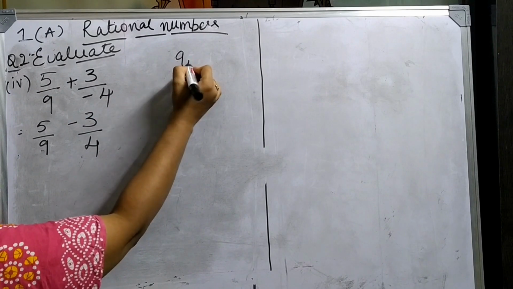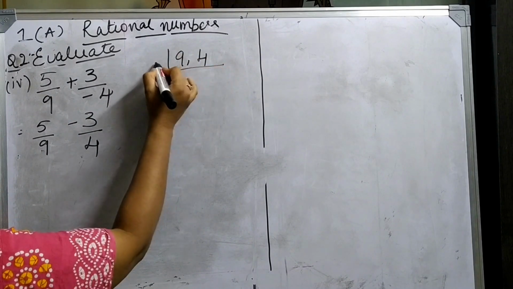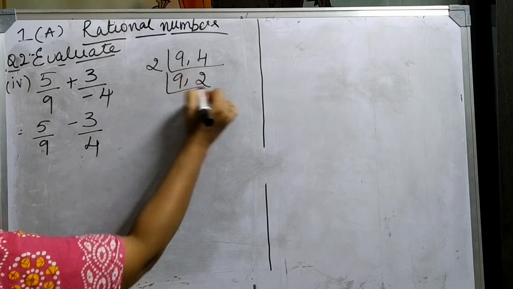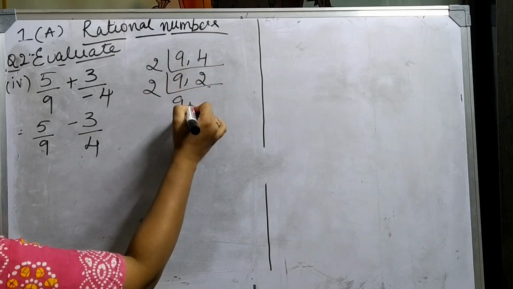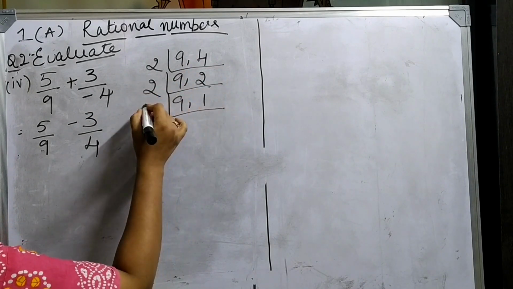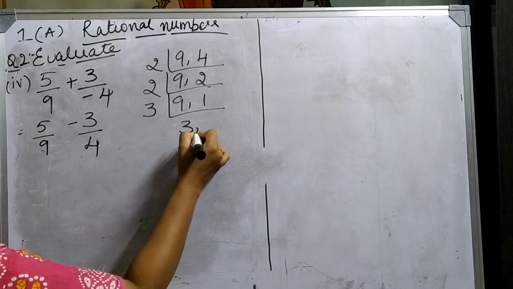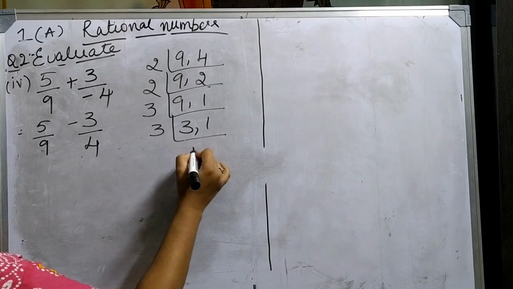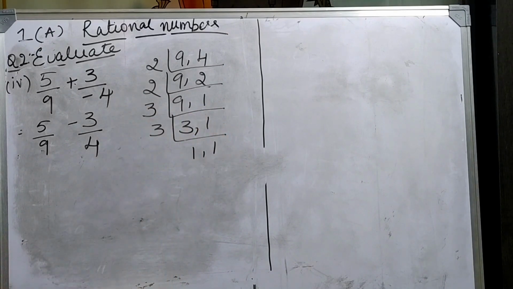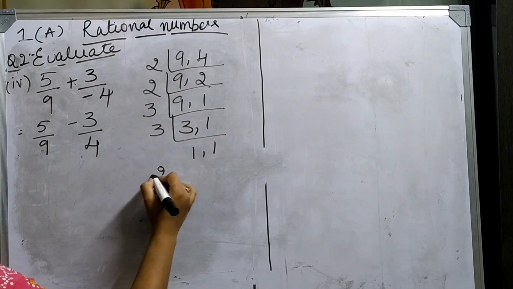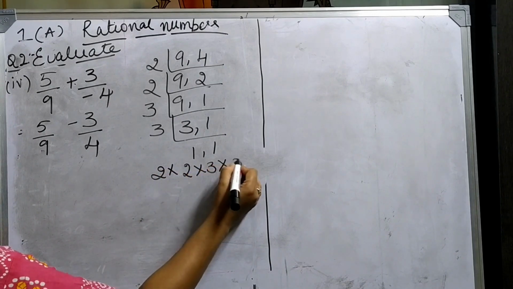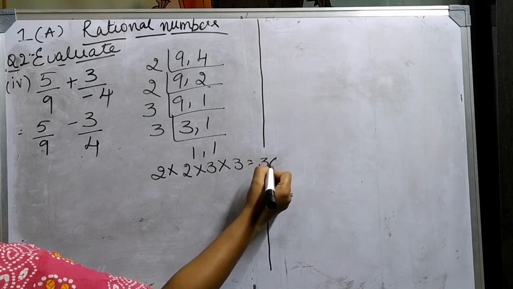So the LCM of 9 and 4 is, we'll start with 2, 9, 2 2s are 4, again let's take 2, 9, 2 1s are 2, then we'll move on to 3, 3 3s are 9, 1, and again 3, which is 1. So the LCM is 2 into 3 into 3, which is 36.